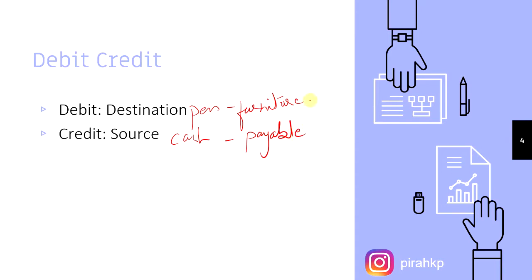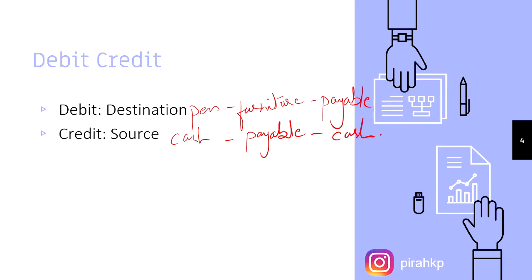Now, continuing the same example, when you pay for this debt, this payable, what will happen? So you paid an amount for the furniture payable that you just bought in the previous transaction. What were you trying to achieve? You wanted to be debt free. You didn't want to have a liability. So what's your debit? Your debit is furniture payable because you are achieving that.